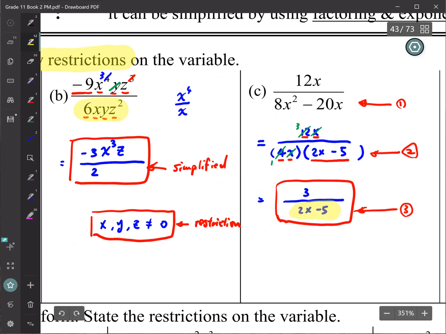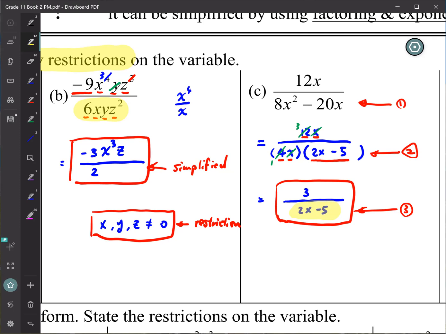Now, remember when we did question B, the x, y, z in the denominator disappeared, but you still need to consider them because they were in the question. So you also need to consider the parts before you cancel things out, okay?